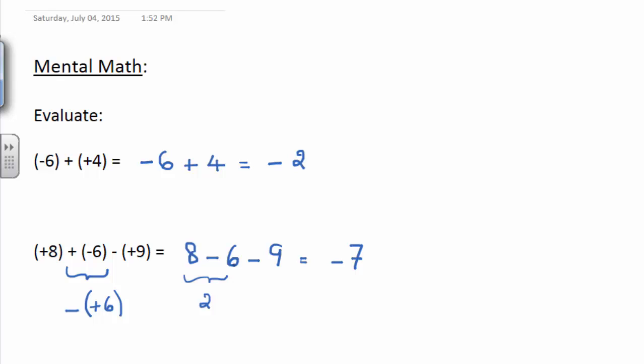So you are at 8, you go 6 steps to the left. That means you go to number 2. Now you are in number 2. Again, you are subtracting. That means the opposite. If it was adding a positive number, you go to the right. Now I'm going to go to the left. So you are at 2 and you go 9 steps to the left. That means it's going to be negative 7.